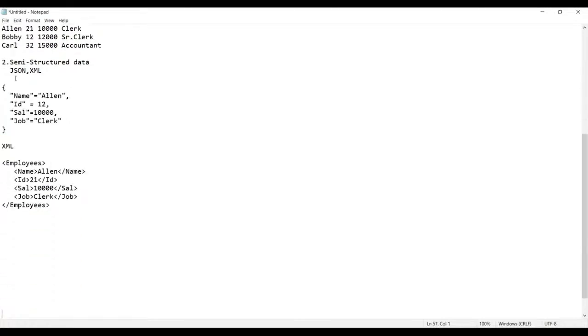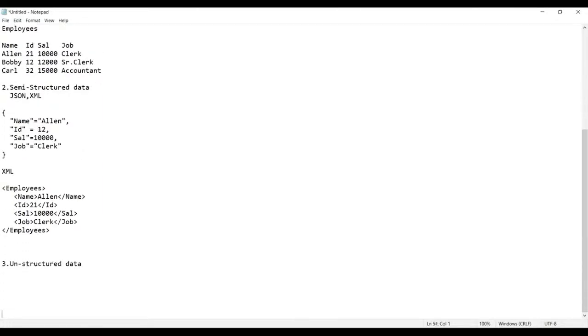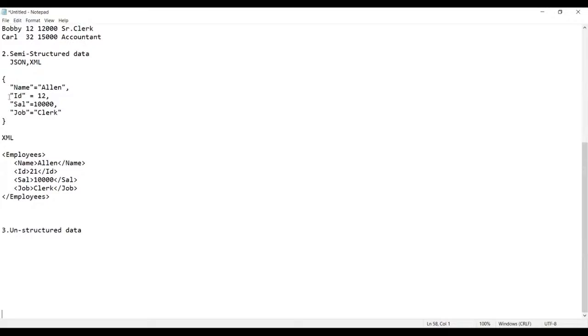Now the third type of data is called what? Unstructured data. What do you mean by unstructured data, guys? Can you tell me? Unstructured data is nothing but, in your mobile phone, the photos, videos, voice notes, chat history.